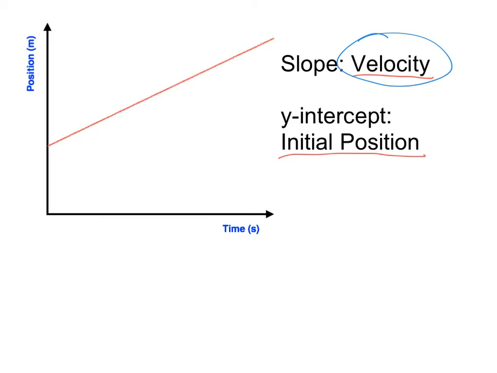Okay, so one thing that we talked about in our post-lab was that velocity can actually have a positive slope or a negative slope if it goes downwards. So ask yourself, what does it mean if we had a negative slope? Let's say we had a car moving with a slope like this, 38 centimeters per second, and we had another car that moved 38 centimeters per second, but with a negative sign.